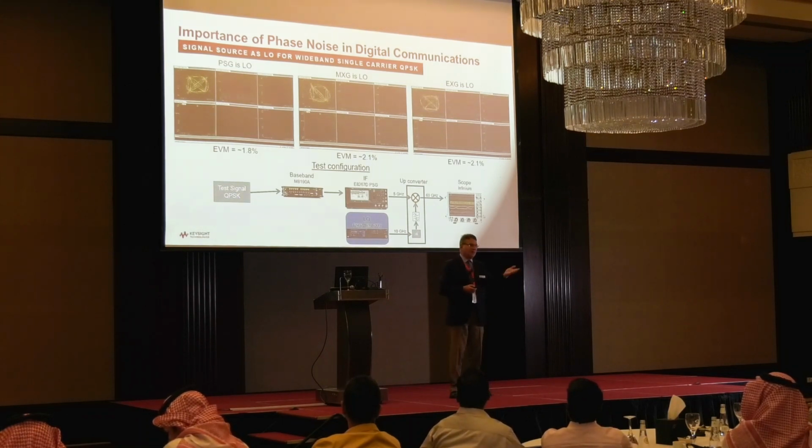So we have a digitally modulated signal, in this case a QPSK signal. We generate that and upconvert it using the instrument on the top, the PSG, and then our local oscillator that's used to down convert it into a scope or some sort of baseband receiver is interchanged.